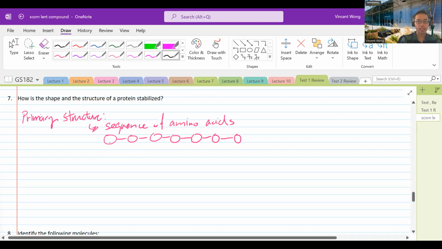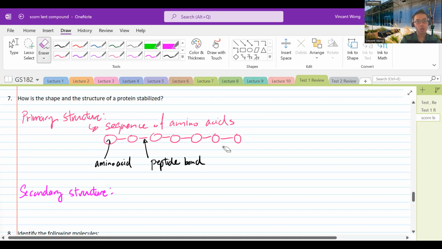Connecting the amino acids together would be the peptide bond. Okay, so that's the primary structure. Next level up, we have the secondary structure.